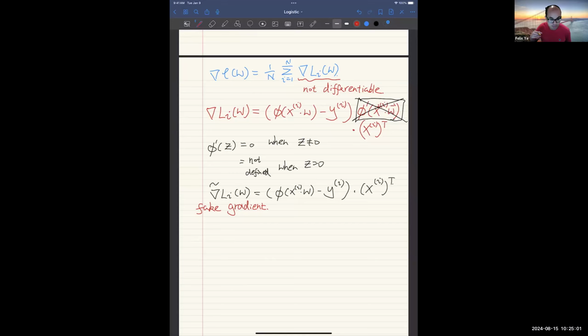But this can actually give you a good result, and we can write down the gradient descent. The gradient descent basically says w_{t+1} equals w_t minus eta times the summation of i from 1 to n of this fake gradient part.